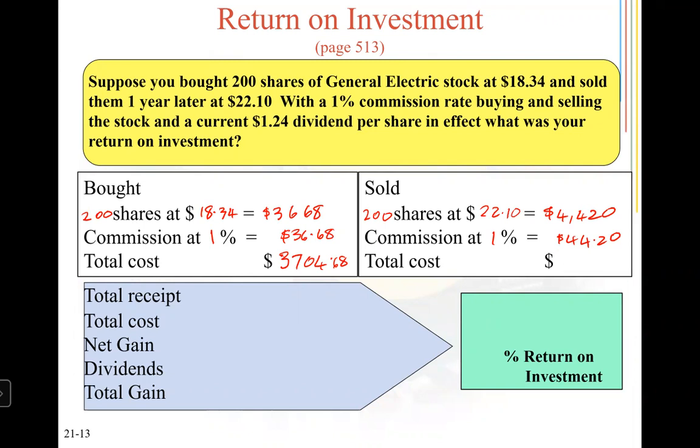Ms. Hale, what do you have for the final answer for that section? The total that I have is 4,375.80. Okay, and then I want you to do the next portion now, the total receipts.